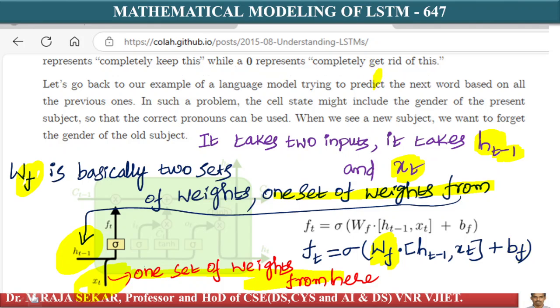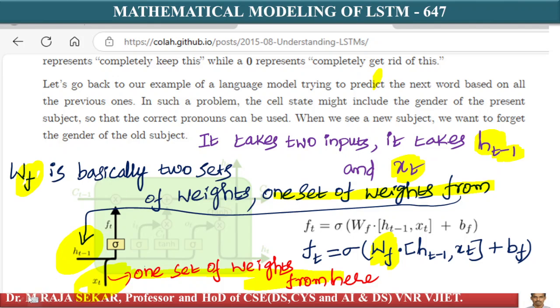What is this Wf? Wf is called forget gate weights, I can say, isn't it? You can concatenate both of them to get Wf. Both of them means weights at ht minus 1 and weights at xt.